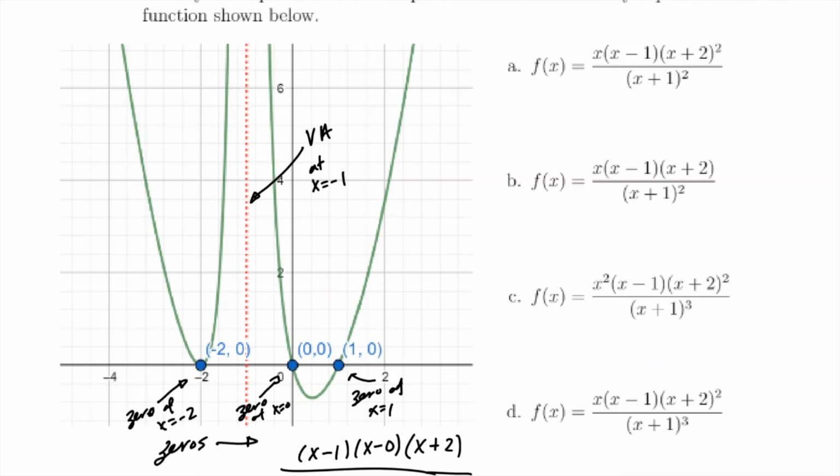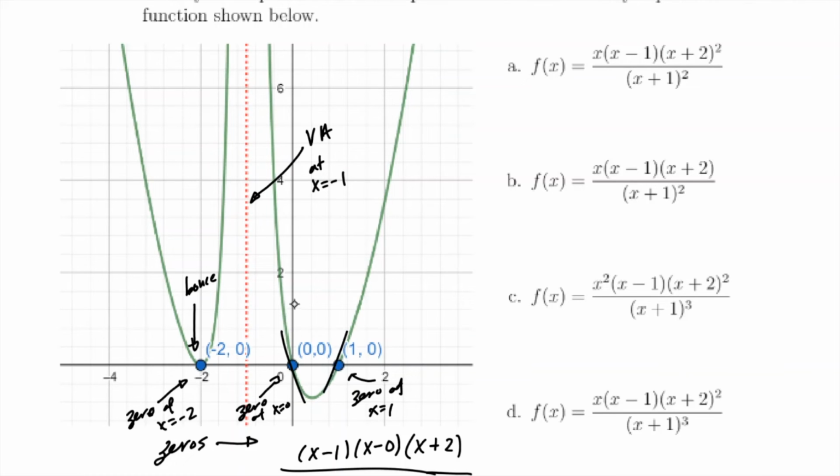Now, this is just the basic format. In each case, there's going to be an exponent, and it's going to be either odd or even based on the behavior of the function. That's the idea of multiplicity. Do you see here that for -2, it kind of bounces? It goes down and then bounces back up at the 0. Whereas at the 0 of 0 and 1, do you see it kind of passes through?